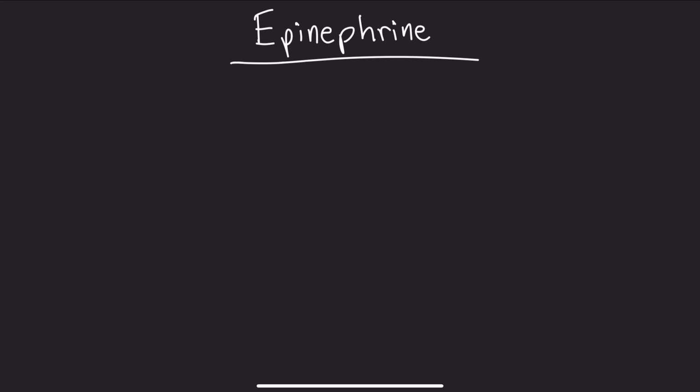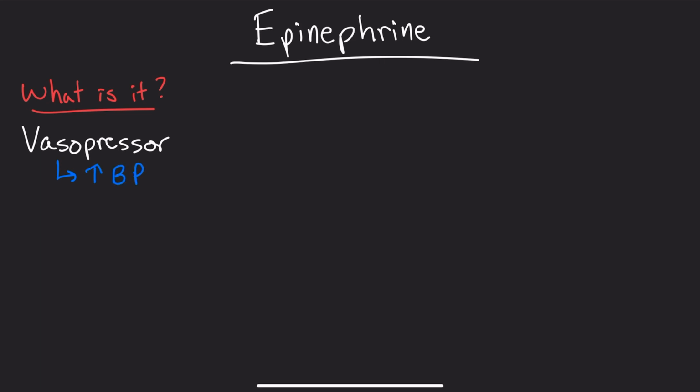So starting off, what is epinephrine? Epinephrine is primarily used and classified as a vasopressor. What this means is that this medication is going to be used to increase our blood pressure. How it works as a vasopressor is that it works as an alpha 1 agonist.